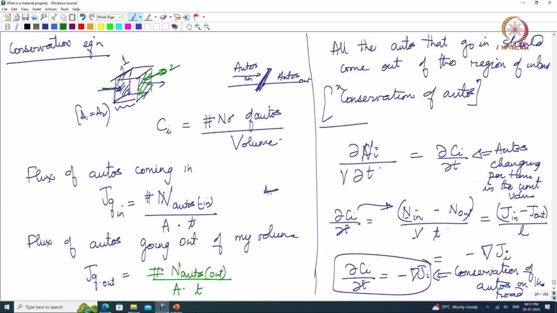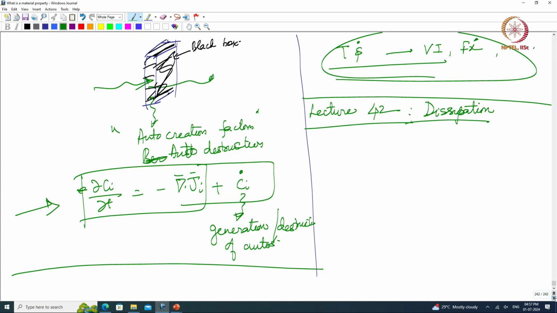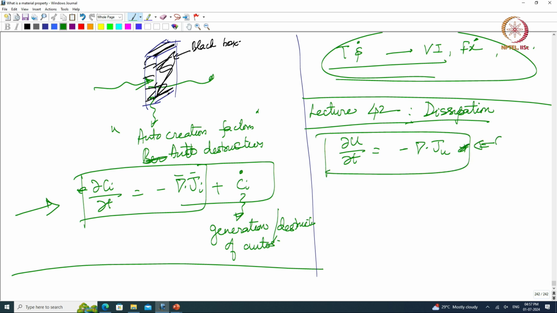So if certain things are conserved, like charge or energy, dou u by dou t, I can write the conserved quantity as nothing but minus del j u. So, this is a conserved quantity. These are my autos that go in and they should definitely come out. They can come out slow, but they should definitely come out, right. So, it is a conserved quantity, right.